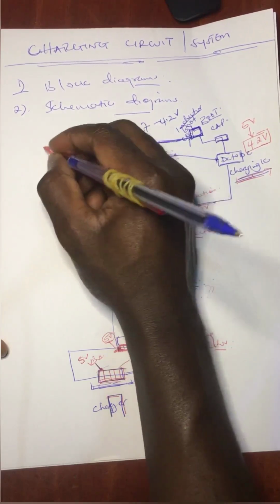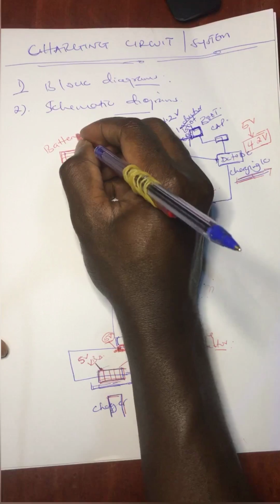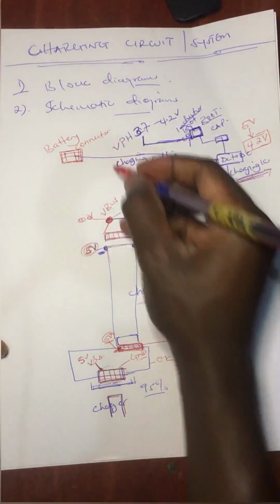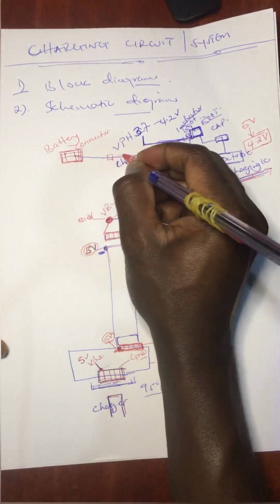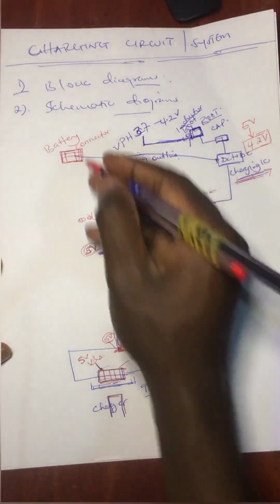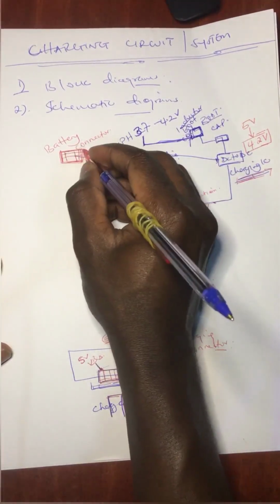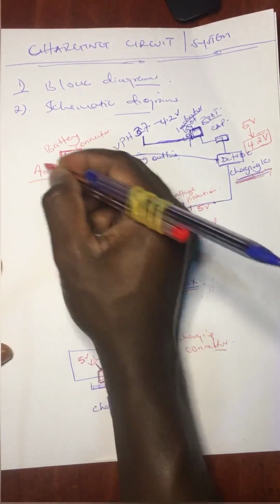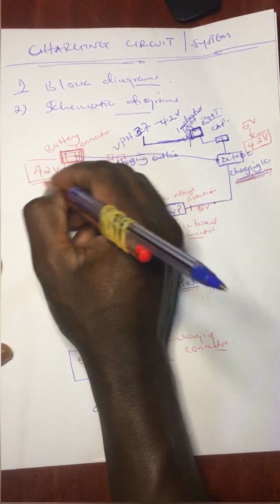This is the battery connector. Of course, through 2 or 3 capacitors, just to filter out the voltage. So at the battery connector, the charging voltage is delivered as 4.2 volts, and this is the normal voltage for charging the battery.